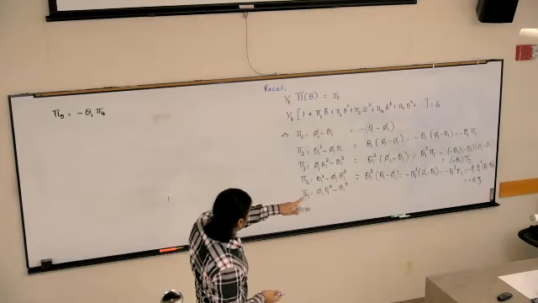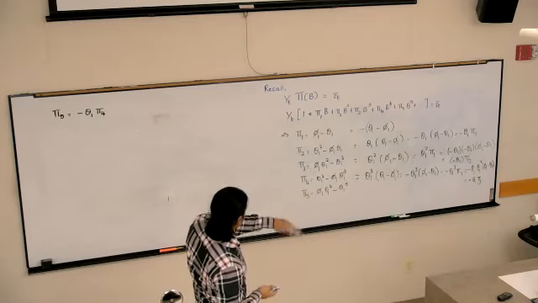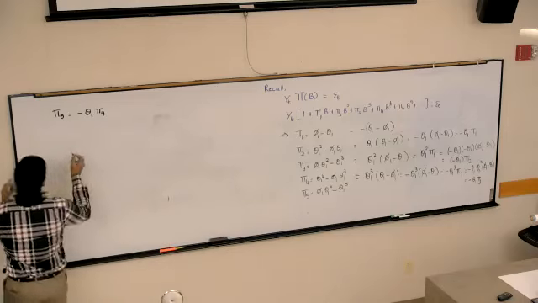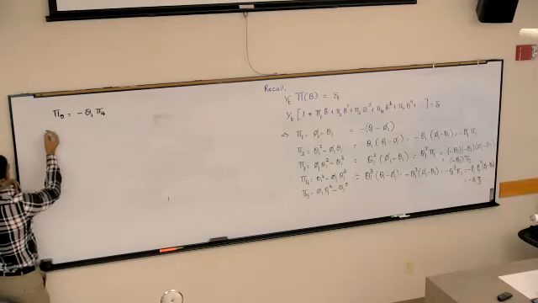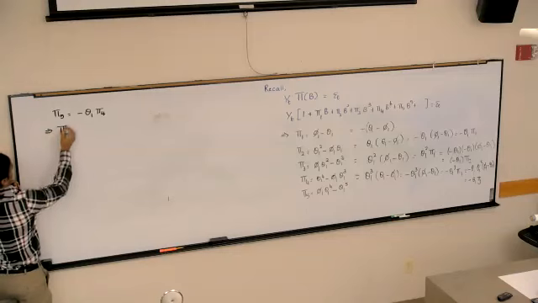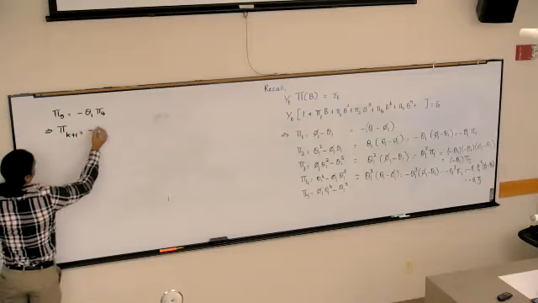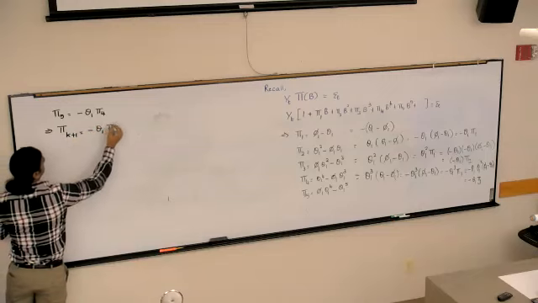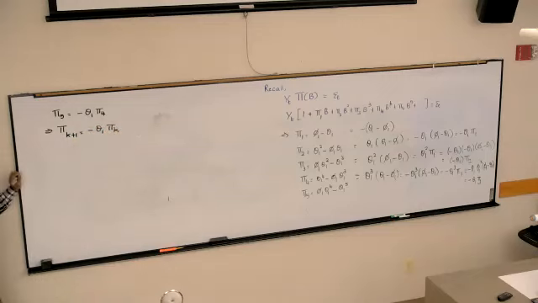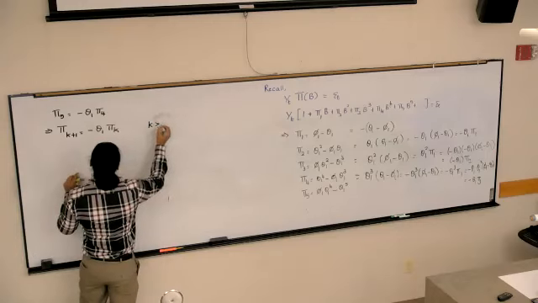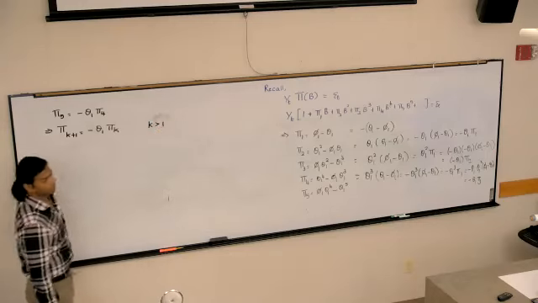If we just simply look at the pi values, I can write in general pi k plus 1 is minus theta 1 times pi k. Correct? For k greater than or equal to 1.